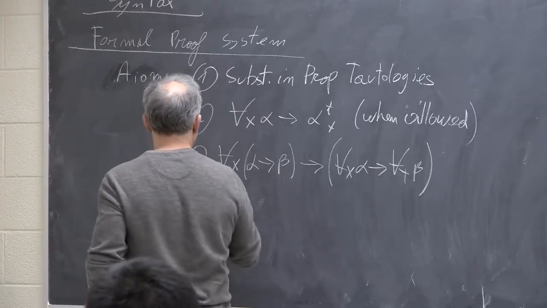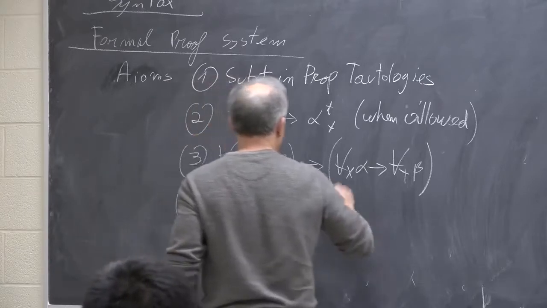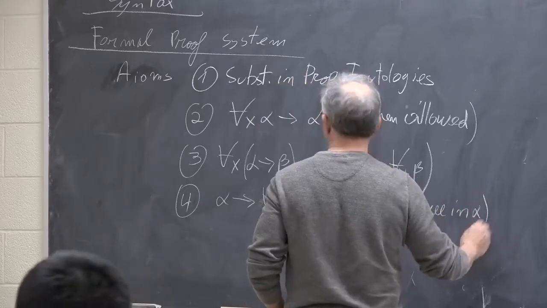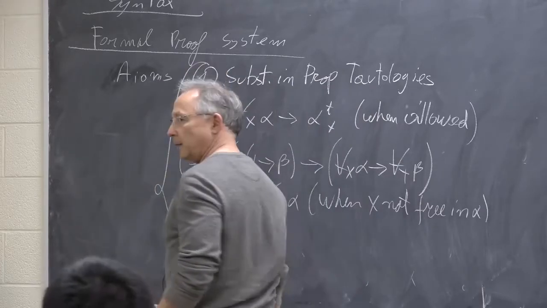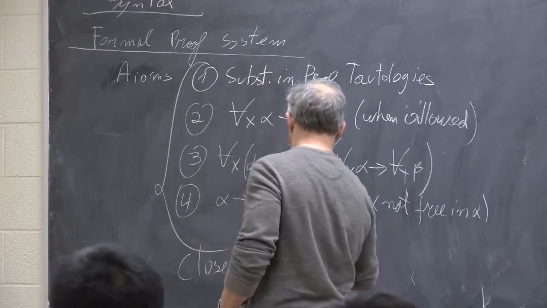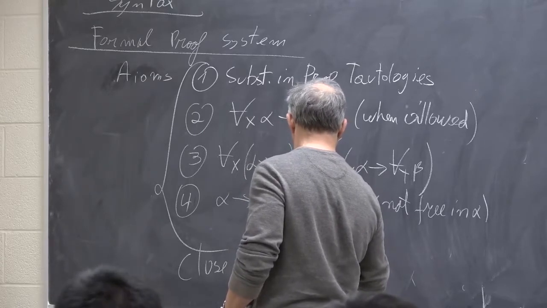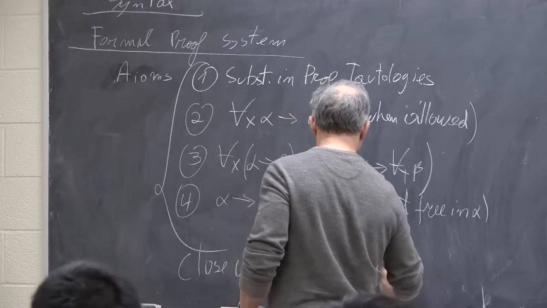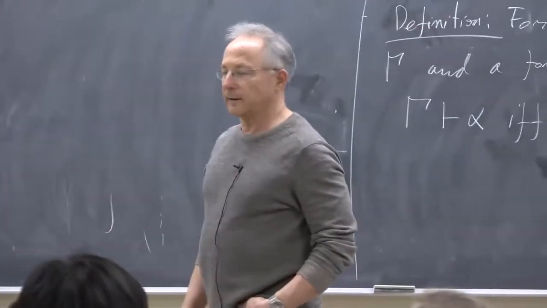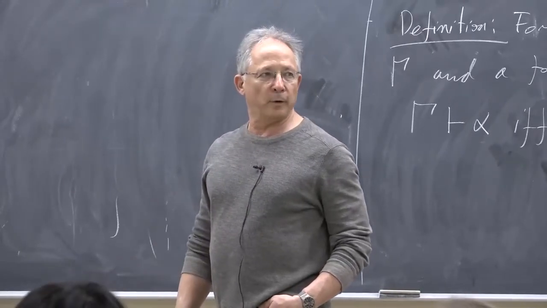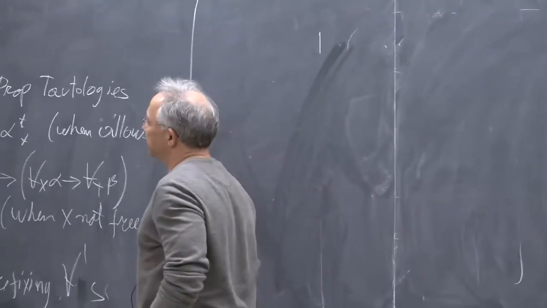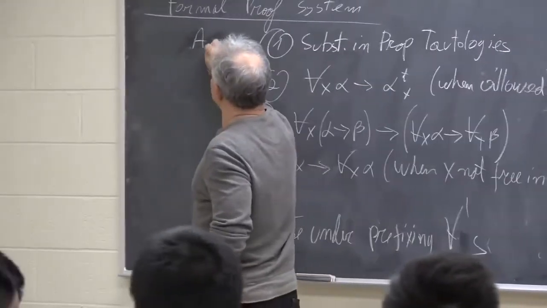Four was alpha arrows for all x alpha when x not free in alpha. And then we took all of this and say close under prefixing for alls. These are the axioms. Close this set under allowing a prefix for all. These are my axioms. So that's what we need to bear in mind. And these are the axioms within X.